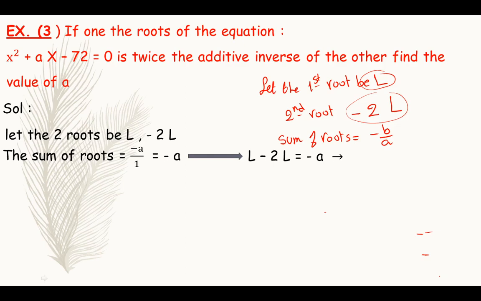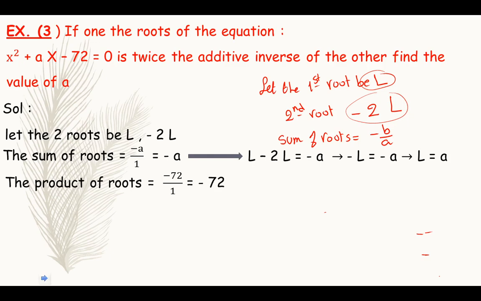L minus 2L, the result will be negative L. Negative L equals negative a. Negative will cancel negative. So we have L equals a, and this is the first equation. But we didn't find the value of a. Here we need to find the value of a. But now we have that a equals L. So we are going to continue the solution by getting the product of the two roots.